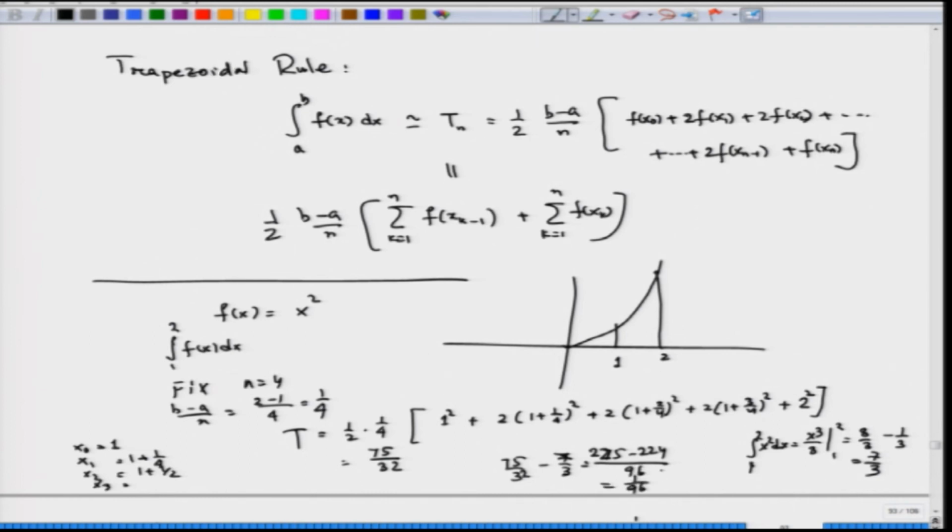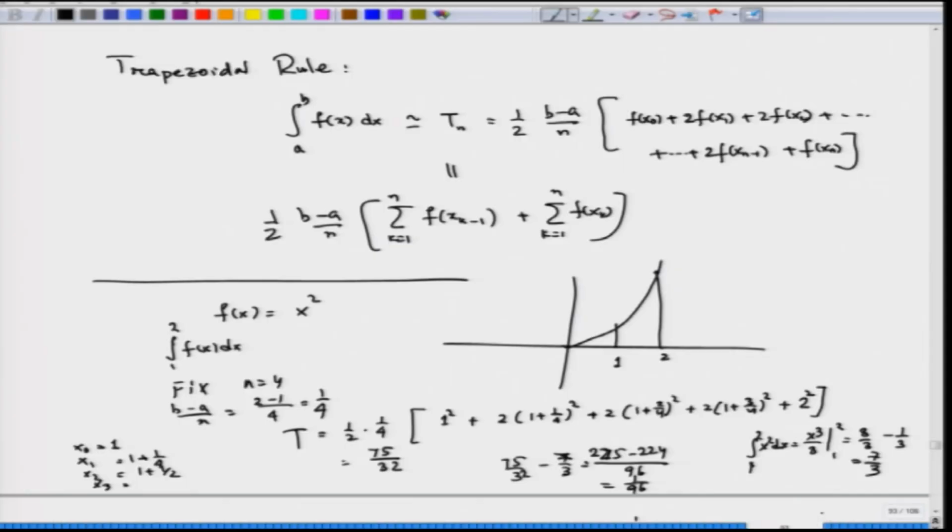You see, even just by taking 4, we are getting an error margin of almost 0.01. So, up to the first decimal we are getting it correct. If we take a little more, then obviously we are going to get a better estimate.